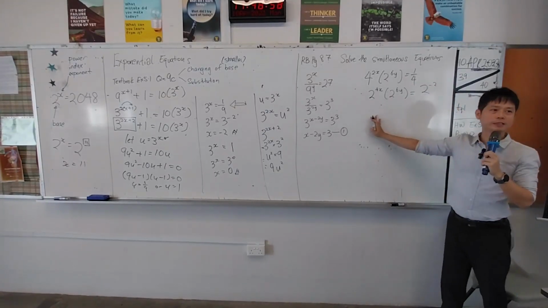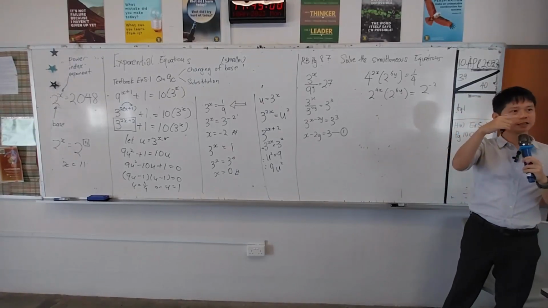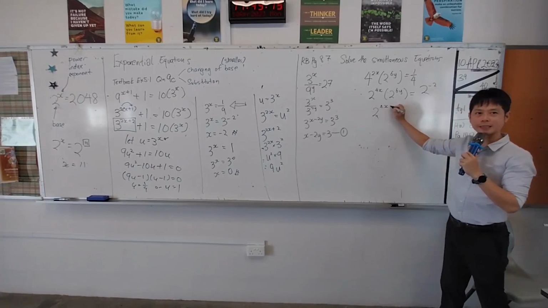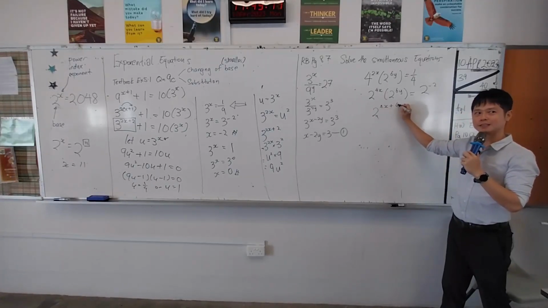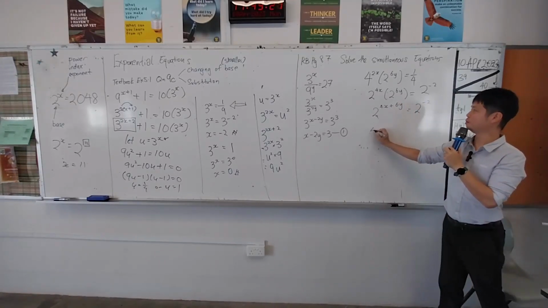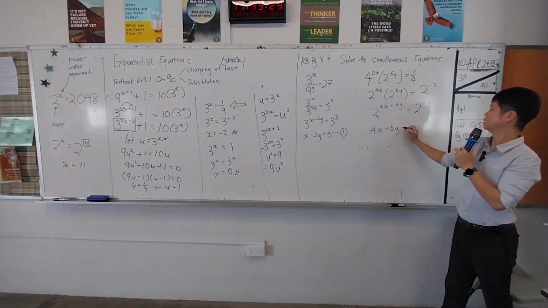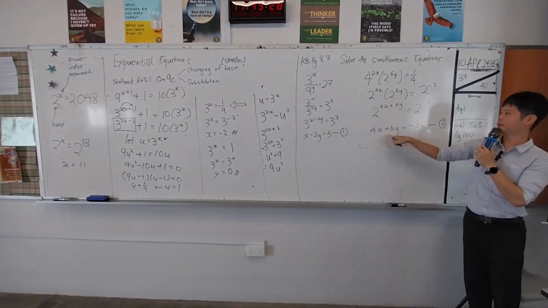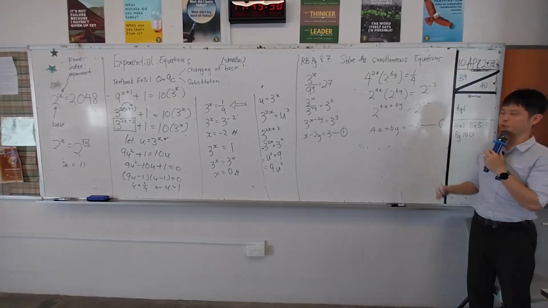So we have all the same base already. Let's use the law of indices 1. 2 power 4x plus 6y equals negative 2. So I will be able to form a second equation: 4x plus 6y equals negative 2.